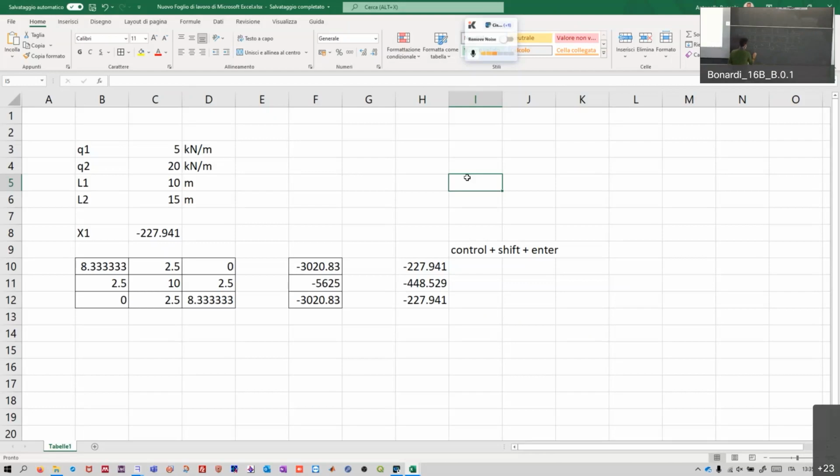We have the vertical reaction in all these nodes. It is VA, VC, VE, VG, VI.